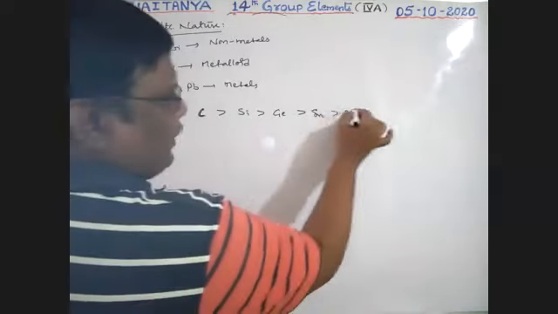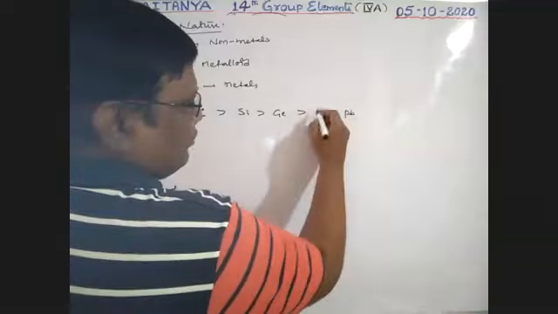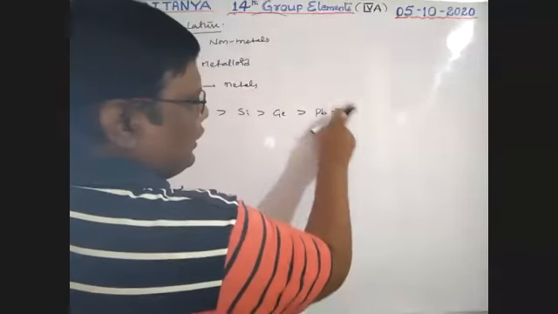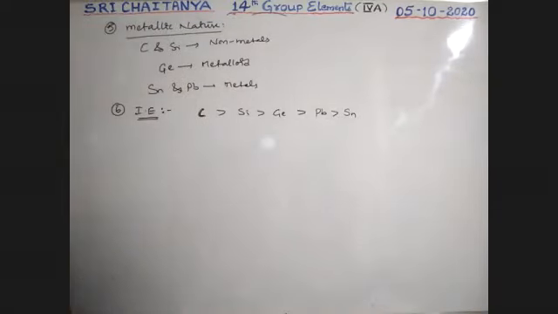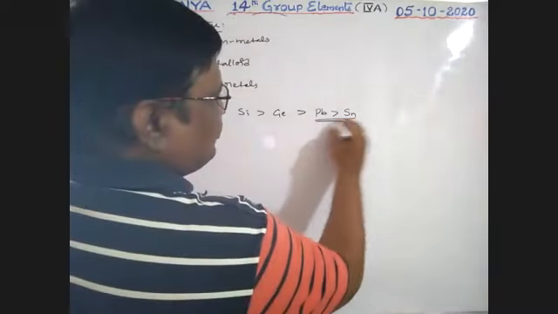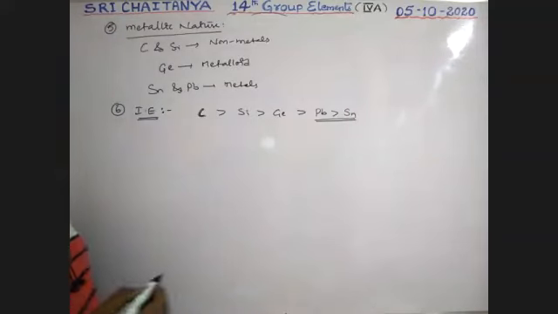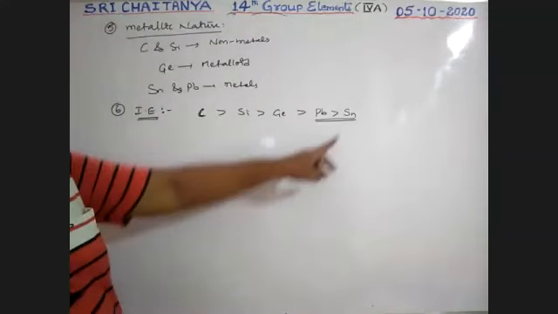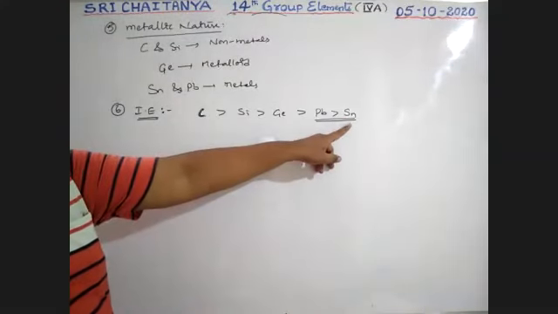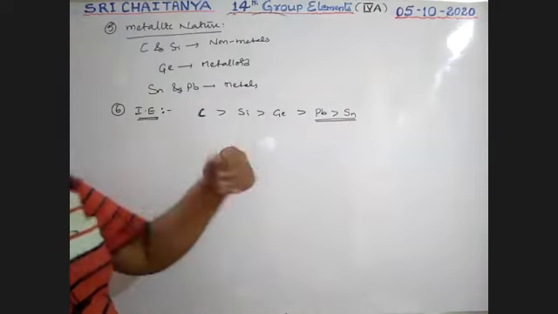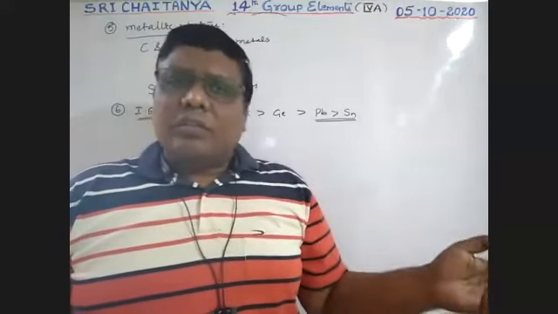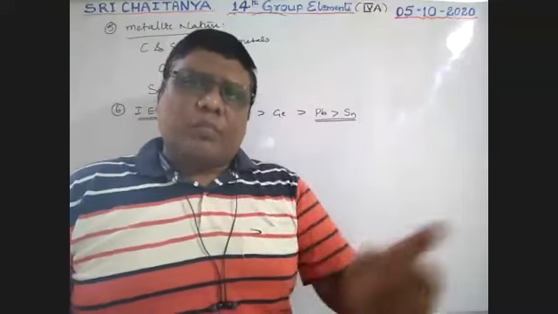But here also a violation is possible, that is with lead and tin. Please consider this point. That is the violation, boys. Tin has the least ionization energy, so it is easy to lose the electron, and tin has more metallic nature.